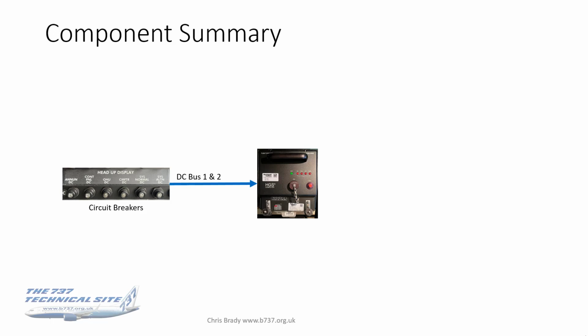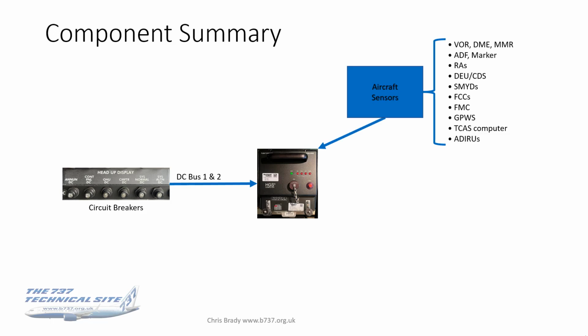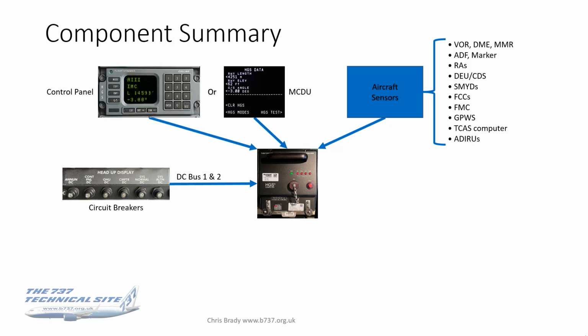You've got your circuit breaker panel over there on the P18-2. It gets inputs from that long list of aircraft sensors, and also inputs from the control panel or from the McDo. So you get your pilot inputs there. Outputs are through to the overhead unit.